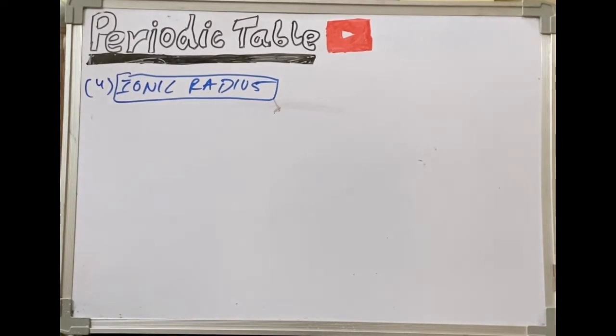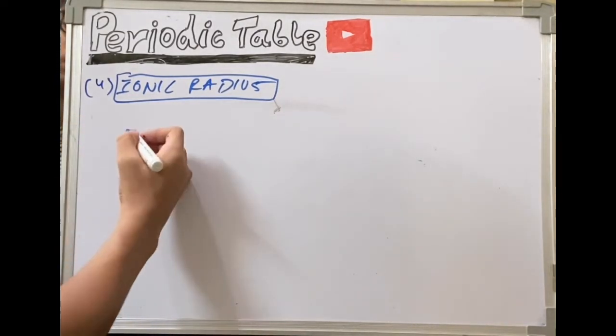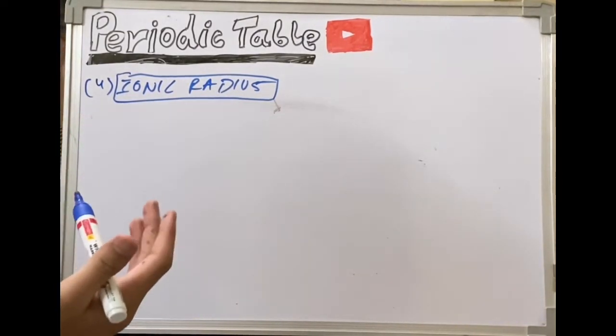The proof of that is that to form a cation you have to remove an electron.